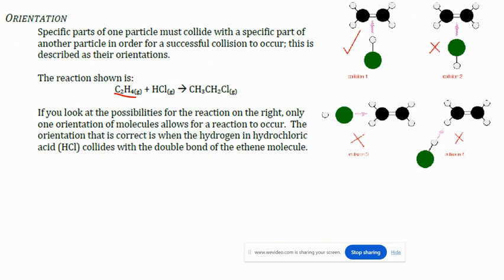It has to have the H hit in there. If we have the Cl hit, we're not going to have a reaction. If it doesn't hit at this bond site, we're not going to have a reaction. So it's got to have that correct orientation and get lined up the right way in order for it to occur properly.